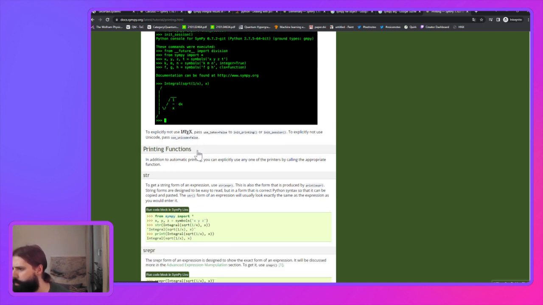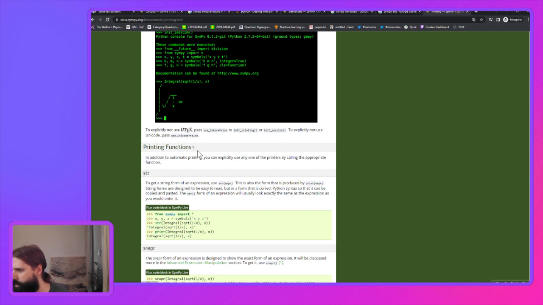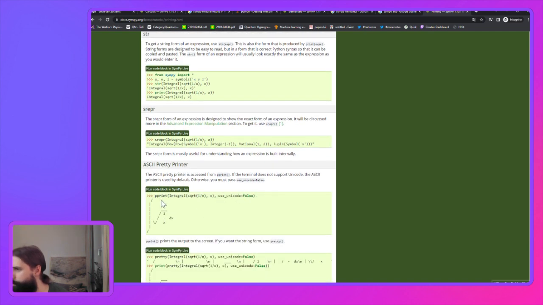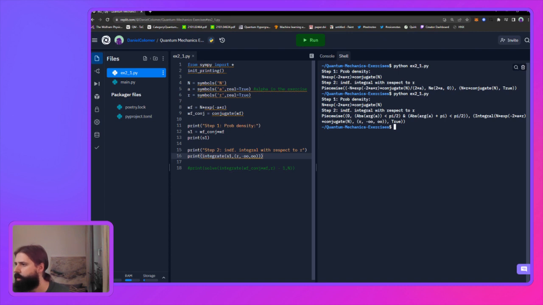Sympy import. What is srepr? pprint, okay. Let's try that.